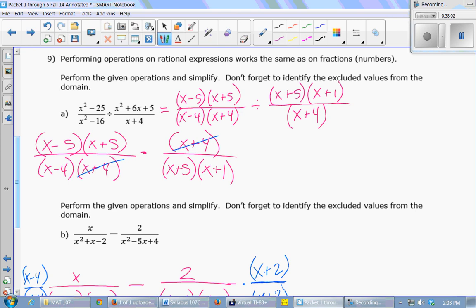If it was addition, I would have to be more careful. All right, what else appears in both a numerator and a denominator? x plus 5. I can cancel those too. Any other foo-foos? Nope. Okay, so I just write whatever's left, and that's my answer. x minus 5 over x minus 4 times x plus 1.